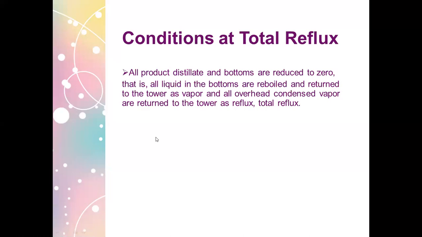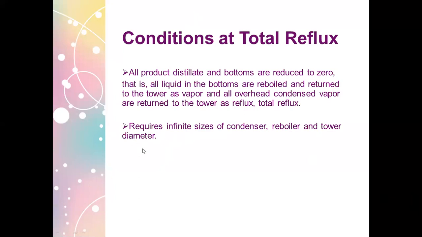So meaning, all distillate is made as reflux liquid into your column. And this produces the minimum number of stages. So this requires infinite sizes of condenser, reboiler, and tower diameter.